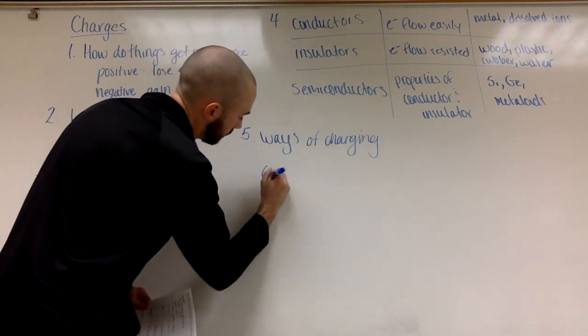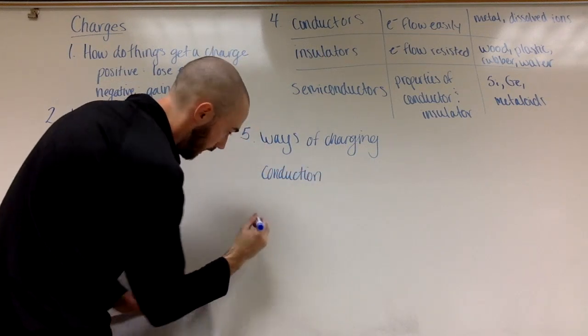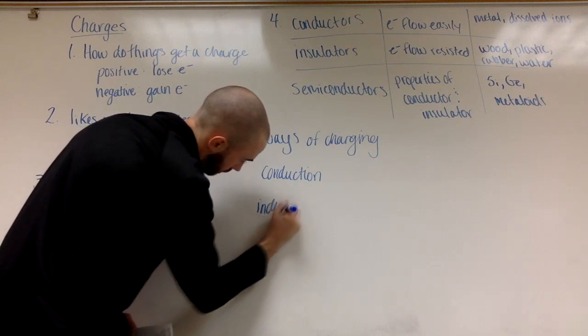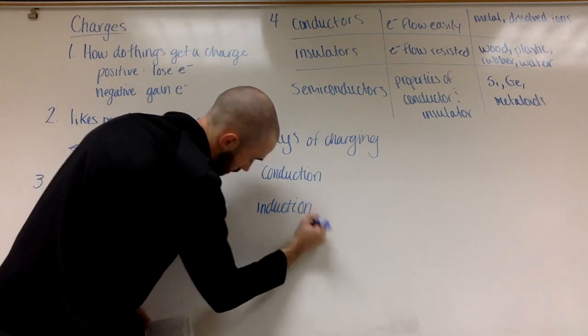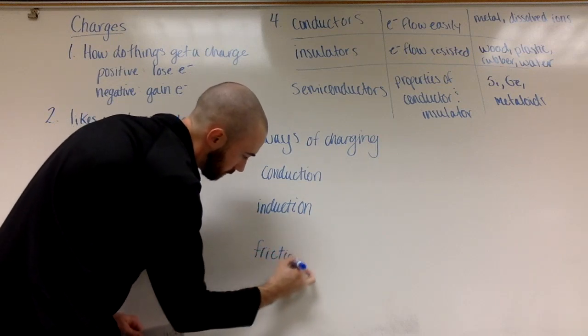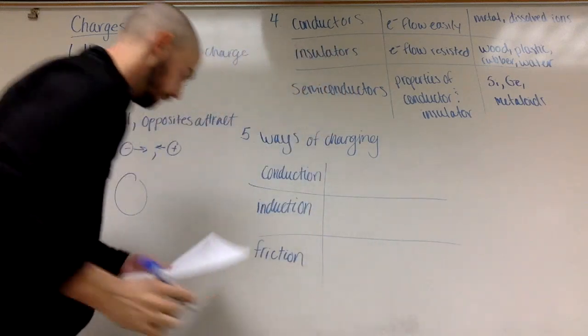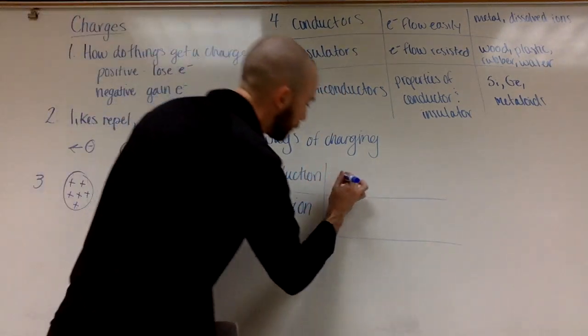The first one we have is conduction. We have induction. And we have friction, which is similar to conduction, but not exactly the same. So in conduction, you transfer through contact.